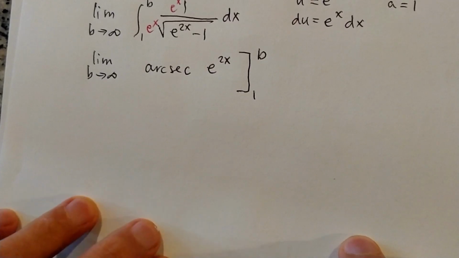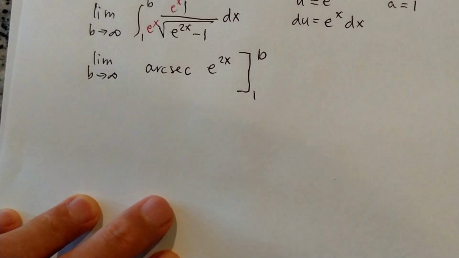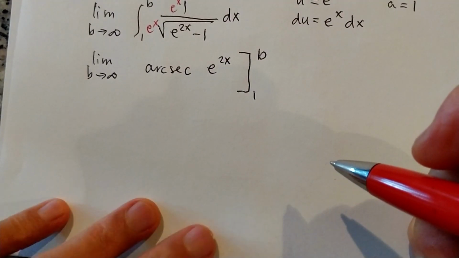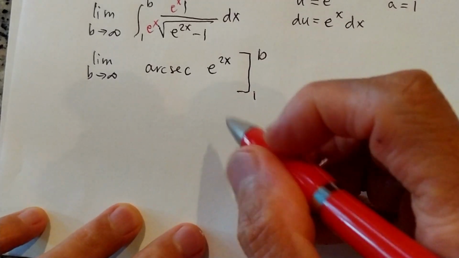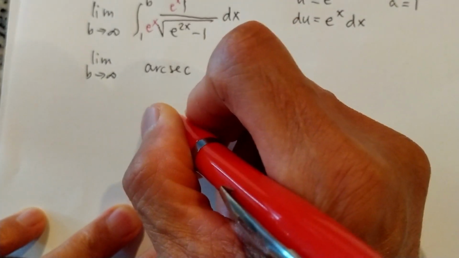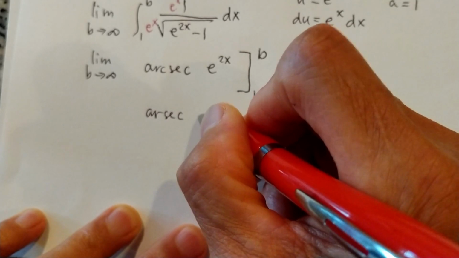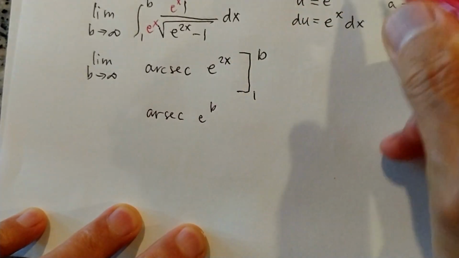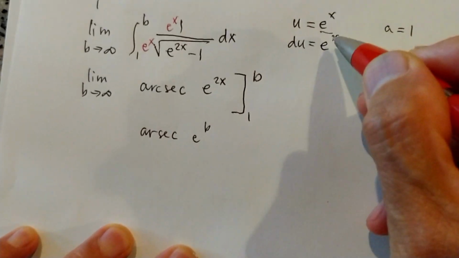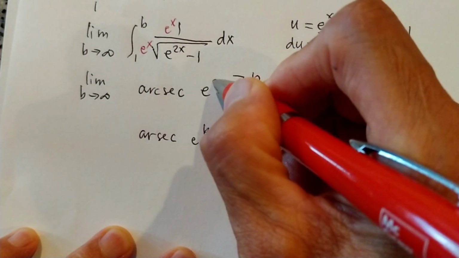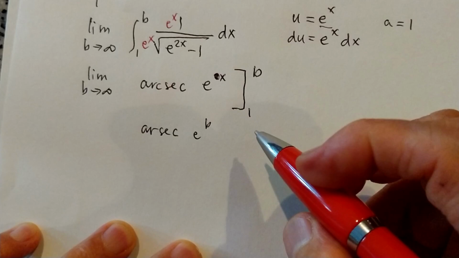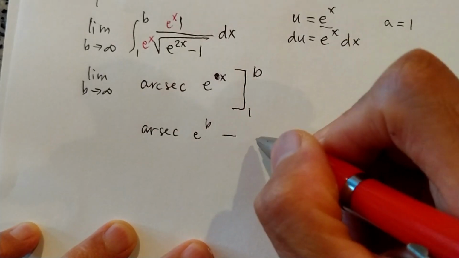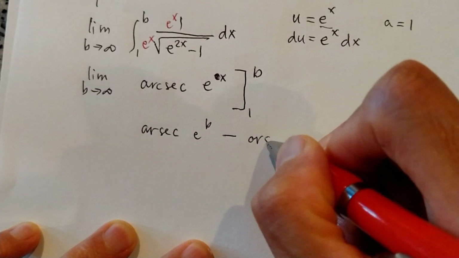So evaluating this expression, as x goes from 1 to b, we get arcsecant of e to the b. This should be x, not 2x, because our u is e to the x. Then this should be x only. So arcsecant of e to the b minus arcsecant of e.